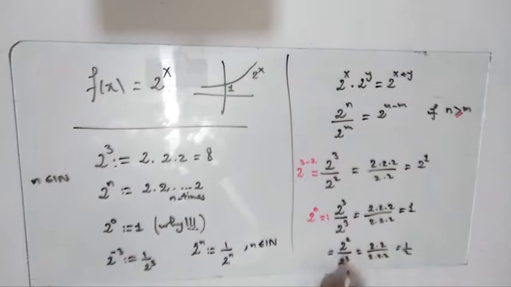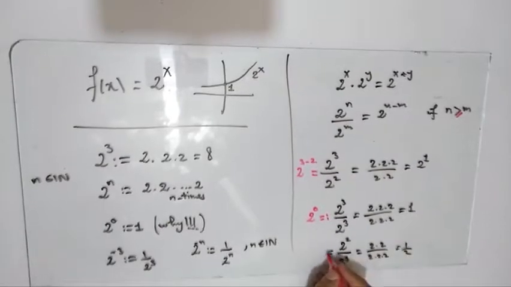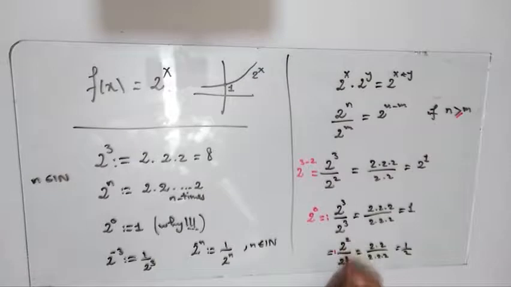So if you allow subtracting exponents when the exponent of the numerator is less than the exponent of the denominator, you will have 2 to the power negative 1. So we define it to be 1 over 2 to the power 1.